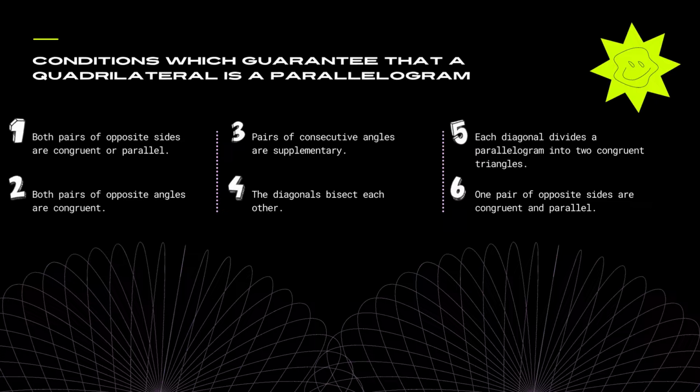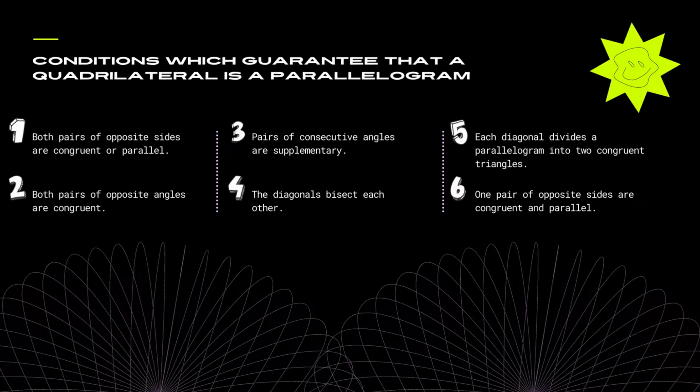Third is if pairs of consecutive angles are supplementary. Fourth is if the diagonals bisect each other. Fifth is if each diagonal divides a parallelogram into two congruent triangles. And last but not least is if one pair of opposite sides are congruent and parallel.